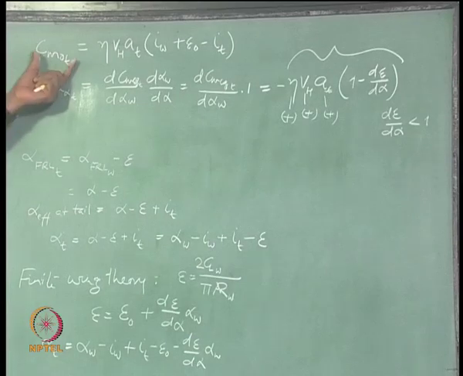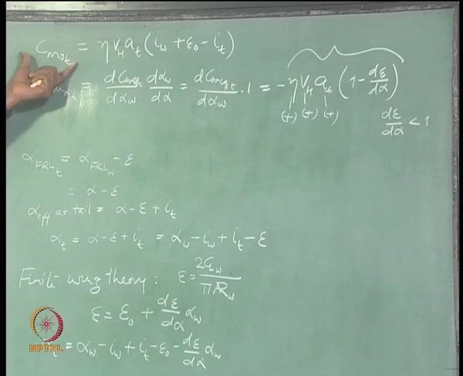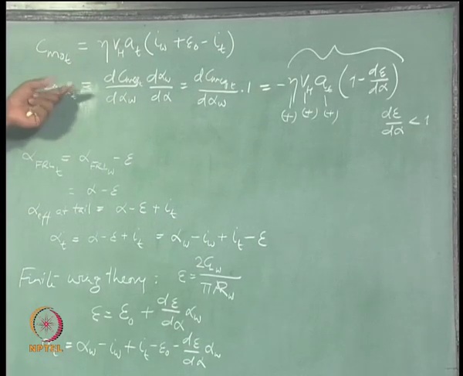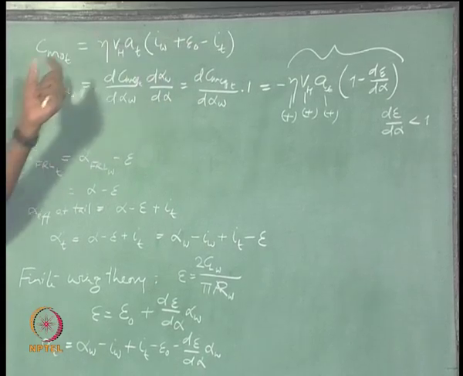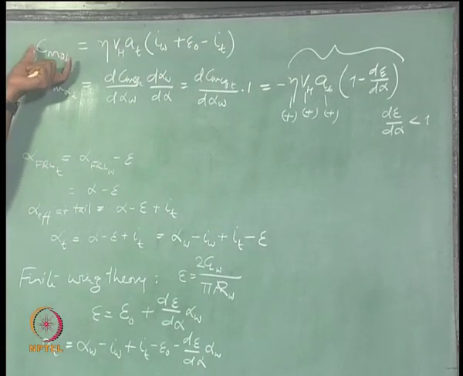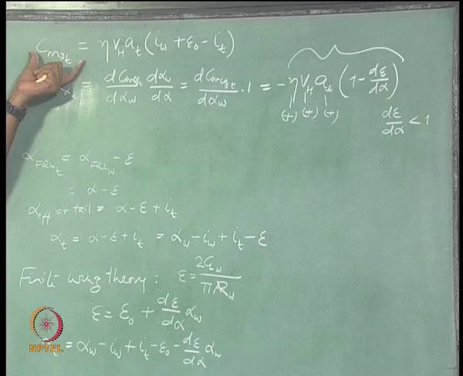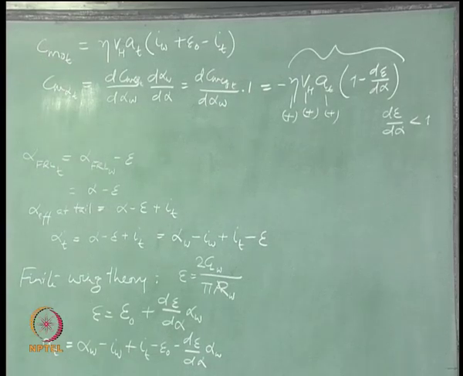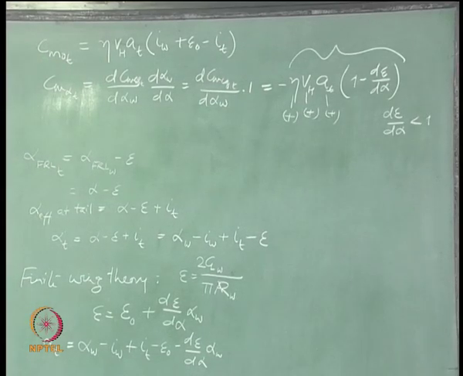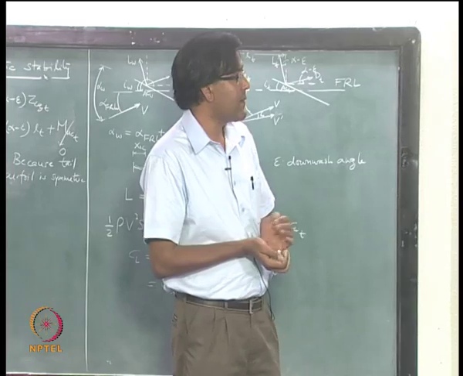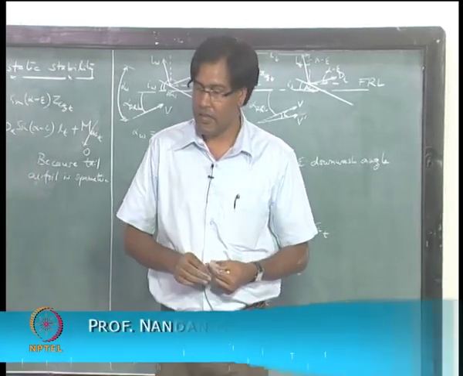And Cm naught is something you can adjust, right. You can choose these angles in such a fashion that you get this Cm naught positive, right. Any question?